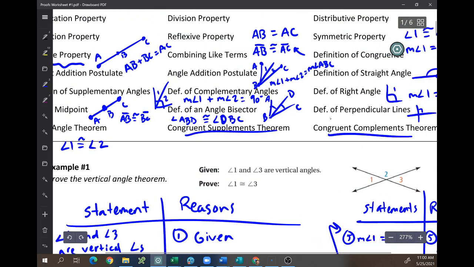And so what these say is the congruent supplements theorem says if two angles are supplementary to a third angle, then the two angles are congruent.